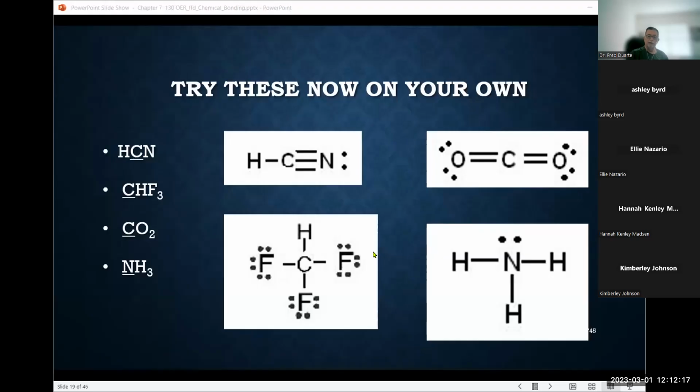And that's what we did with all these other ones here. Now, when we start talking about polar compounds and polar bonds, the importance of making a Lewis dot structure comes into play here, because sometimes we need to determine what we call the polarity.